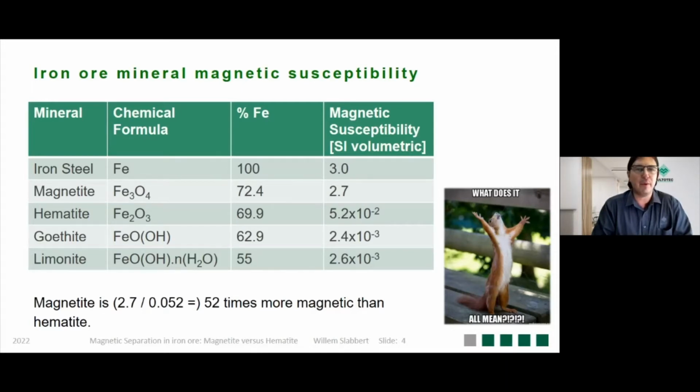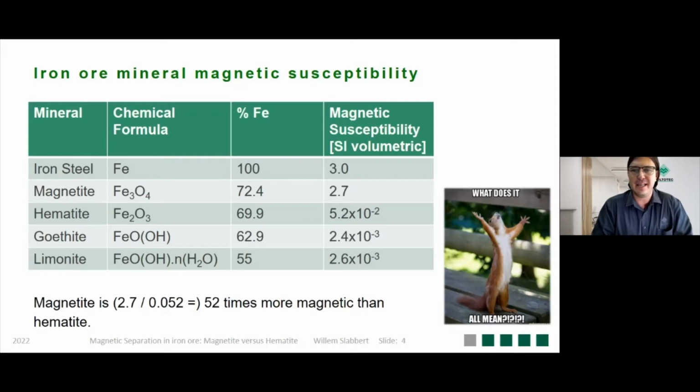Magnetite, with the chemical formula that we've seen before today, Fe3O4, has just over 72% elemental iron in its structure and has a susceptibility of 2.7. In other words, it's only 10% less magnetic than pure iron.